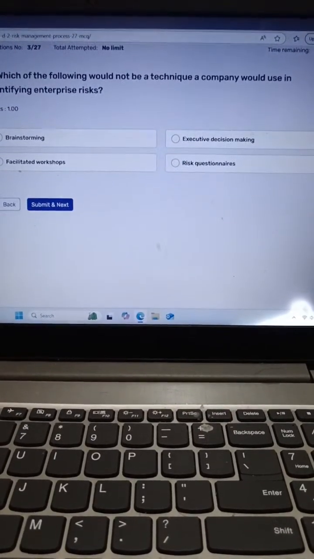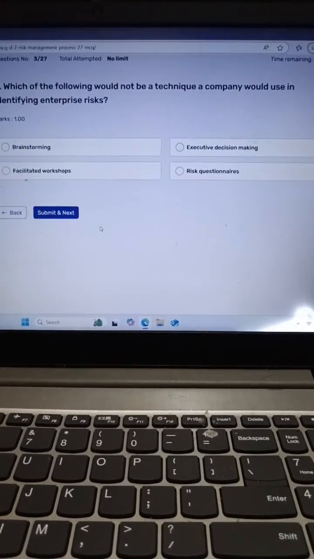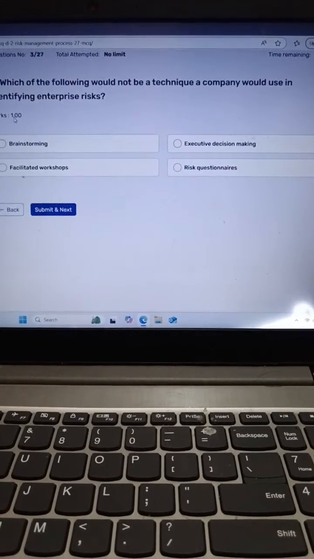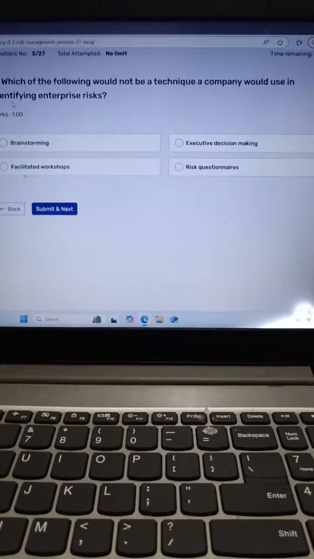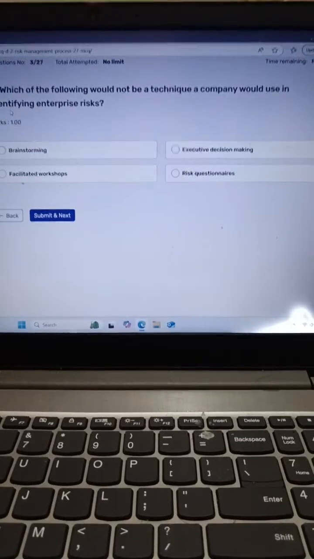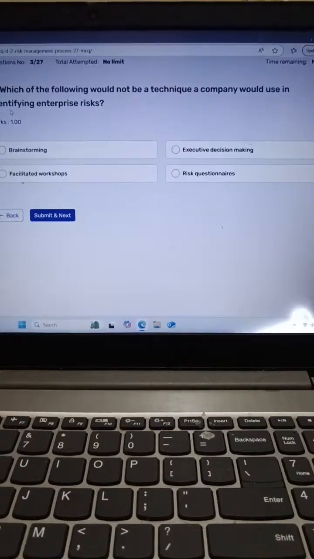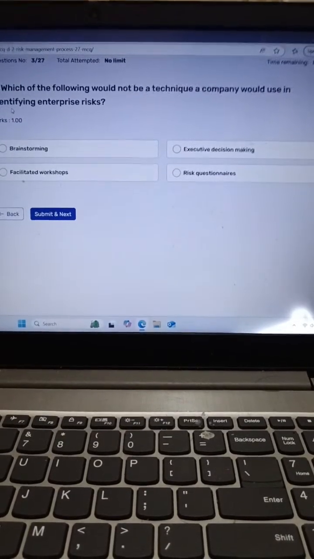Which of the following would not be a technique a company would use in identifying enterprise risk? This is for one step. There are four steps to mitigate the risks. First, we need to set up how to identify the risks. Second will be the assessment, how to assess the risks.